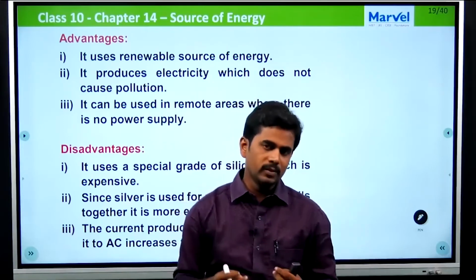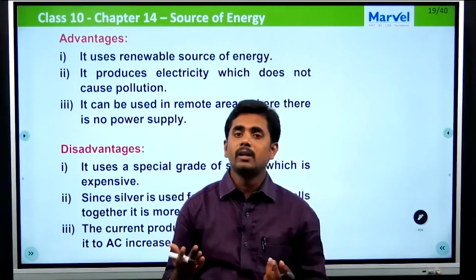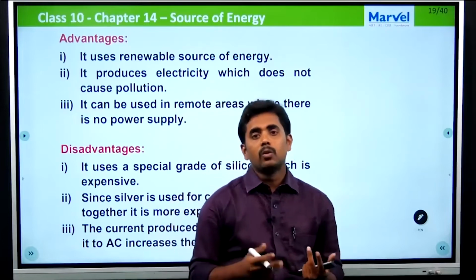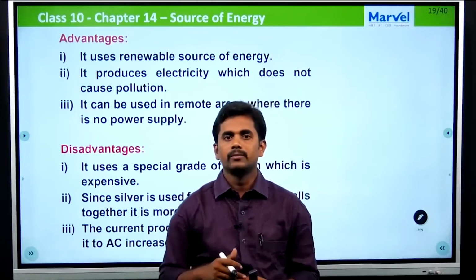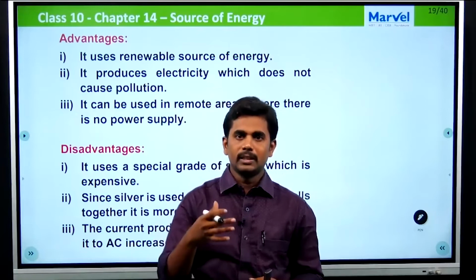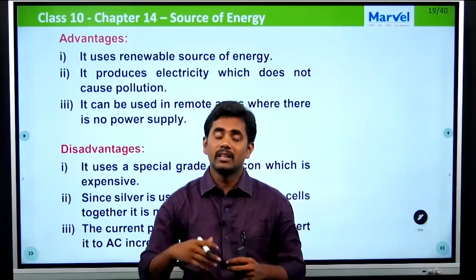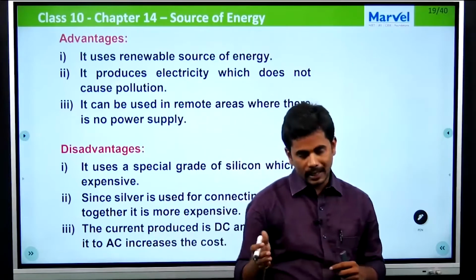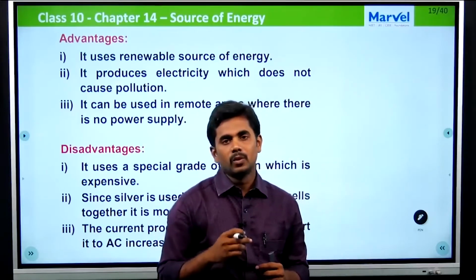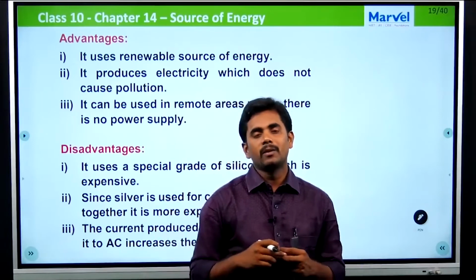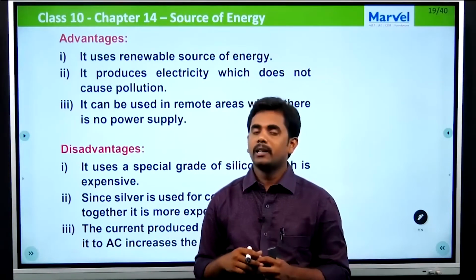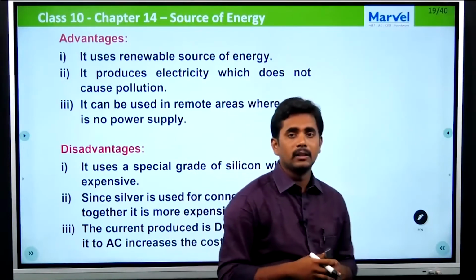Obviously if advantages are there, definitely disadvantages will be there. So what are the disadvantages, we have to look into it. It uses a special grade of silicon which is very expensive. As we discussed earlier, solar panels are made up of semiconducting material like silicon and germanium.